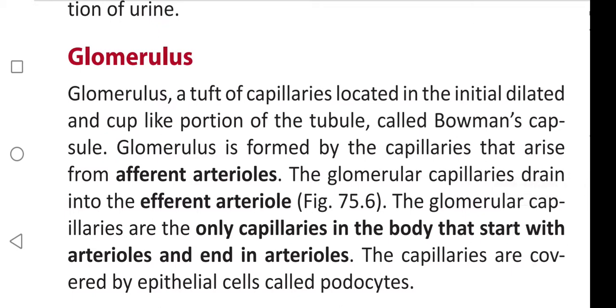Glomerulus is formed by the capillaries that arise from afferent arterioles. The glomerular capillaries start from the afferent arterioles and drain into the efferent arterioles.